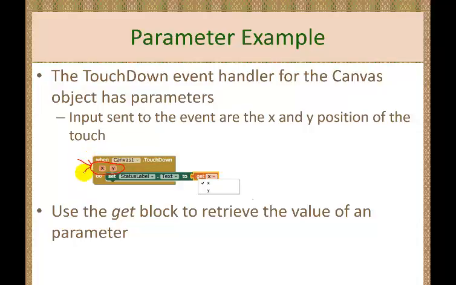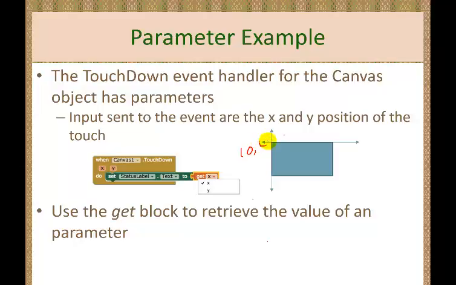Let's take a look at exactly what X and Y mean. You may have heard of the Cartesian coordinate system. In the Cartesian coordinate system, you had an x-axis and a y-axis. And the intersection of the x and the y-axis right here contain the value 0, 0. And you might have written those as ordered pairs.